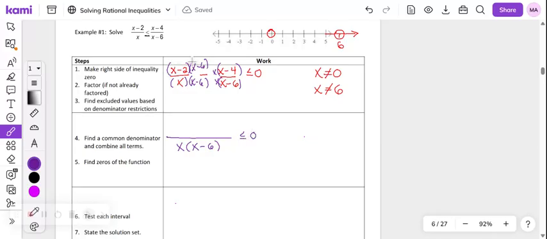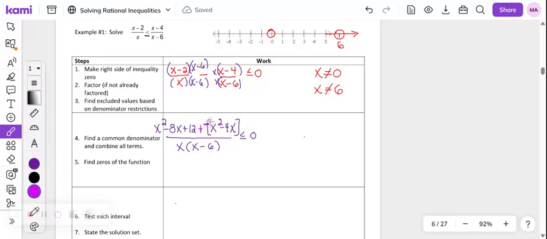I'm going to FOIL it right now so I don't have to keep rewriting it. We would get x squared minus 6x minus 2x, which gives us minus 8x, plus 12, minus, and now I'll distribute that x in there, putting brackets around this, you should probably think about why, x squared minus 4x. What I hope you realize is this whole fraction is being subtracted, which means we have to distribute this negative.